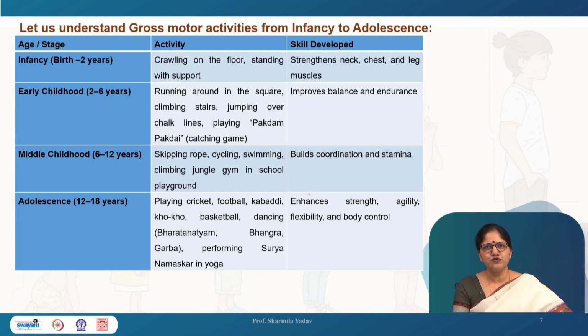Gross motor skills developed: it strengthens neck, chest and leg muscles. Early childhood, from 2 to 6 years: running around in the square, climbing stairs, jumping over chalk lines, playing pakadam pakadai, as we say in India, the catching game. Skills developed: improved balance and endurance.